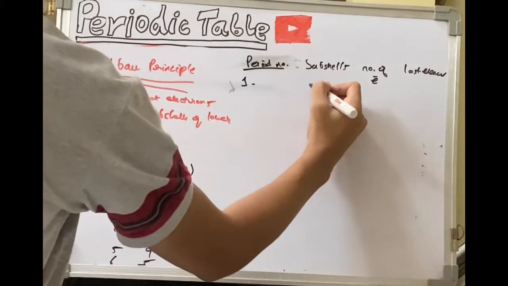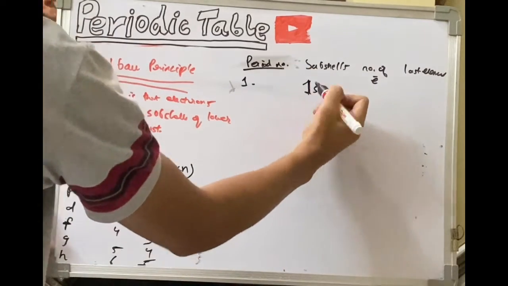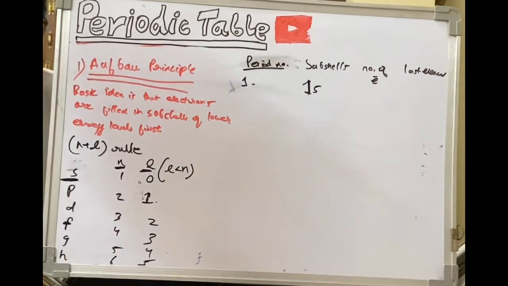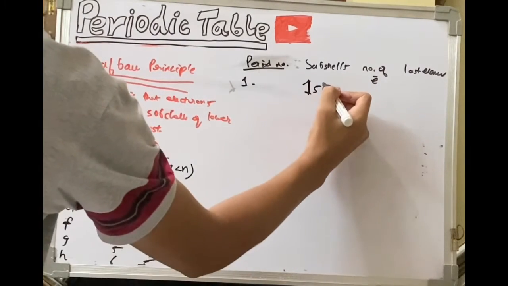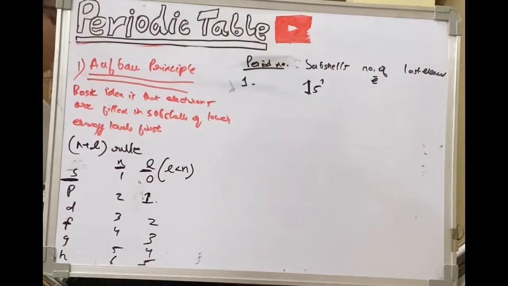So you can only put one s. One here signifies which shell you are putting in. Okay, so one. So when it will be 1s1, it means that the s orbital is only holding one electron. So you can say it meets the electronic configuration of hydrogen, which only contains one electron.